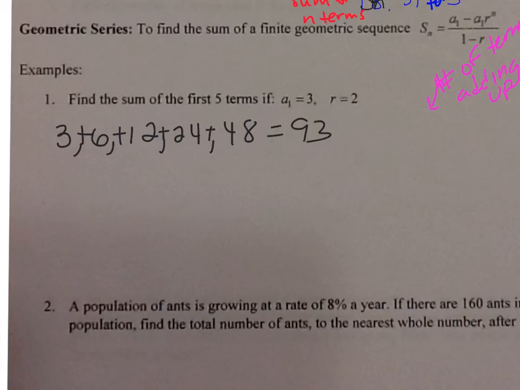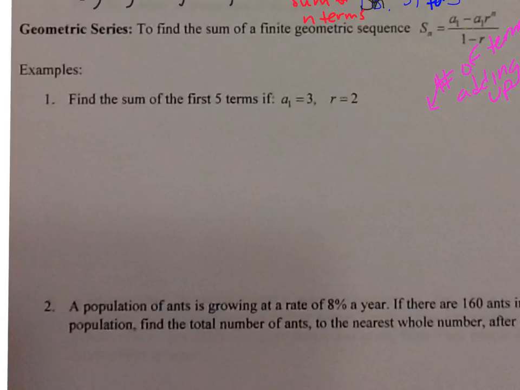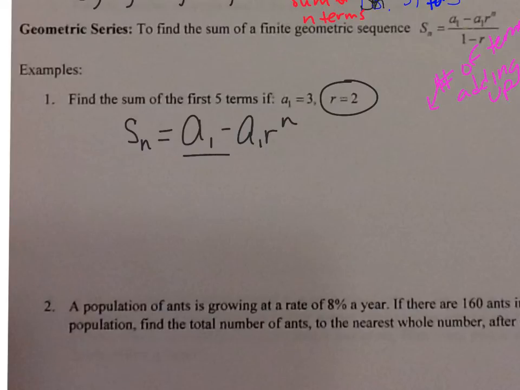But we want to practice using the formula. So let's write down the formula. It's S sub n. This is for geometric, and we know it's geometric because they give us R, the common ratio. S sub n, I'll fill in everything in a minute. I'm just writing down the formula. A sub 1 minus A sub 1 times R raised to the n power, all over 1 minus R. All right, so I have S sub n equals, it's S sub 5 because I'm adding up 5 terms.